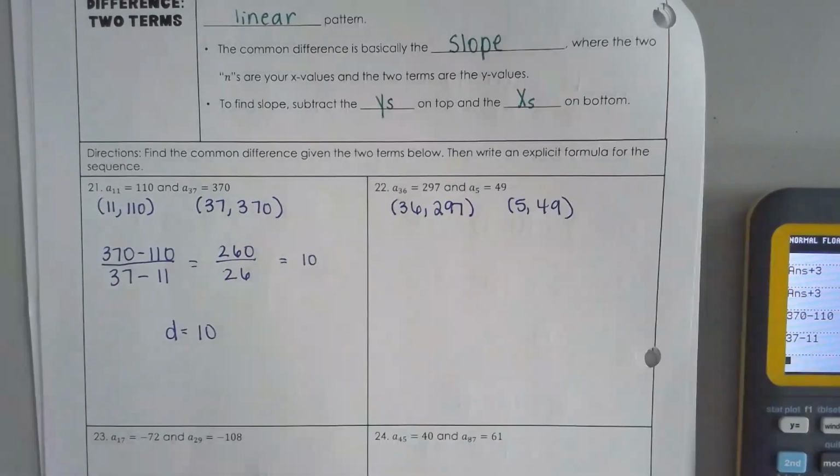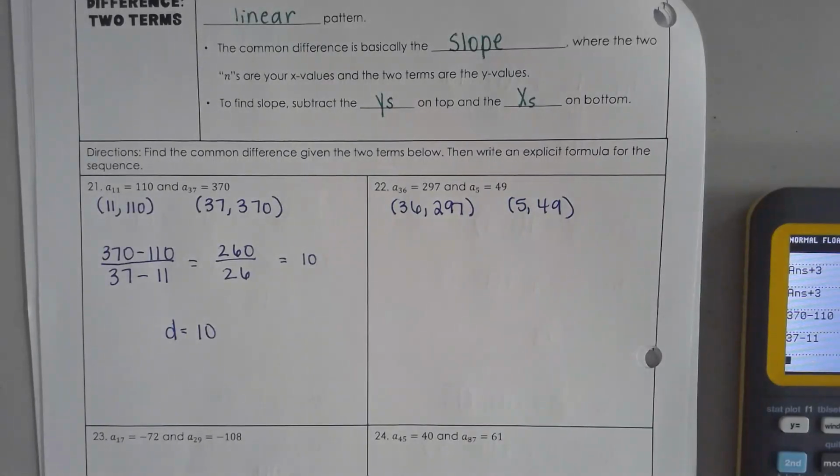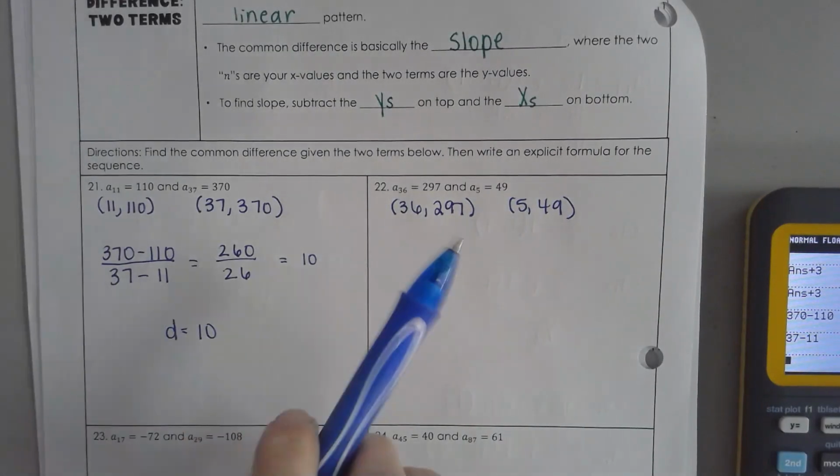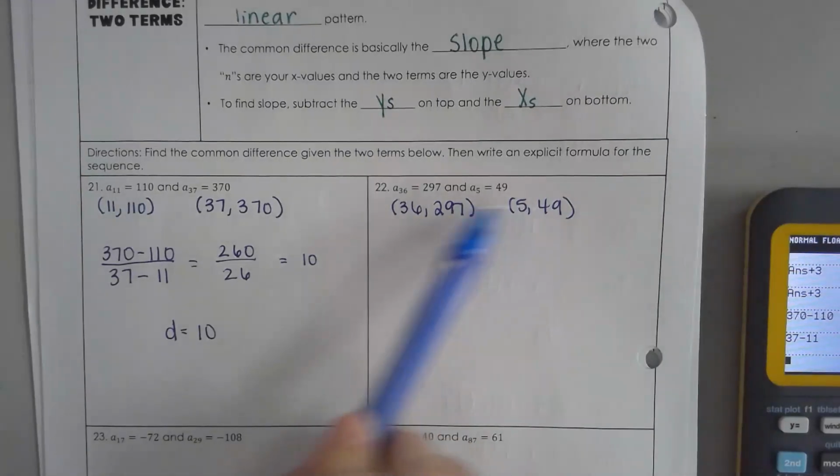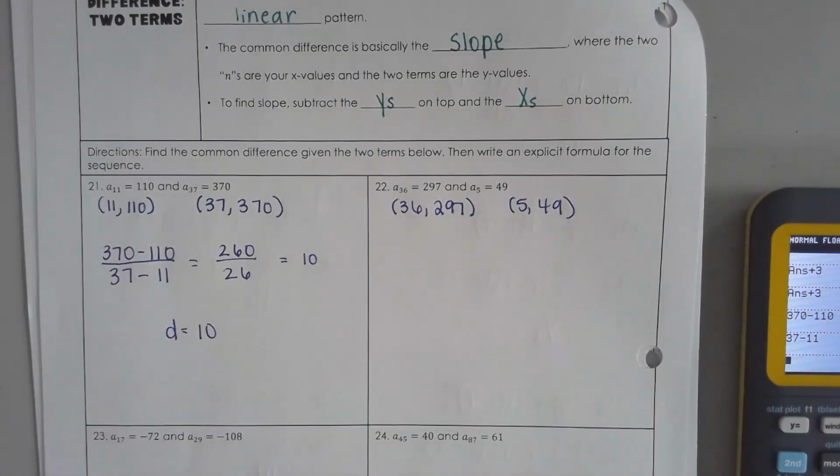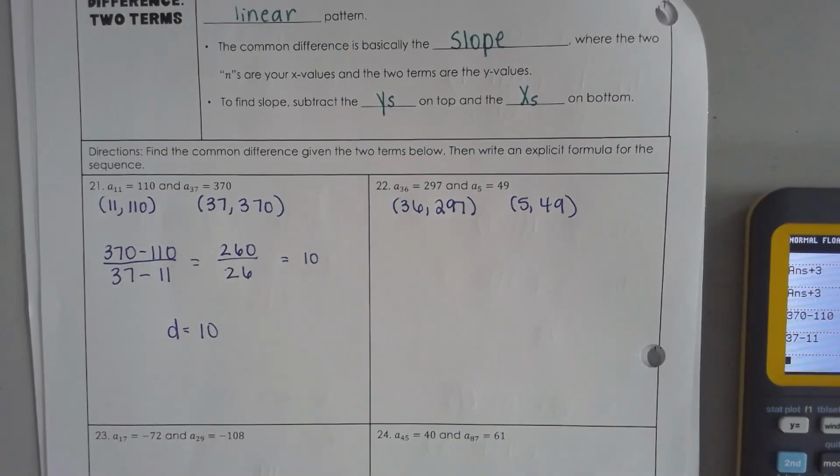All right, so this one we really have the points 36, 297 and 5, 49. I don't care if you write out the points like this, but while we're doing the first few examples, I'm going to write it out.